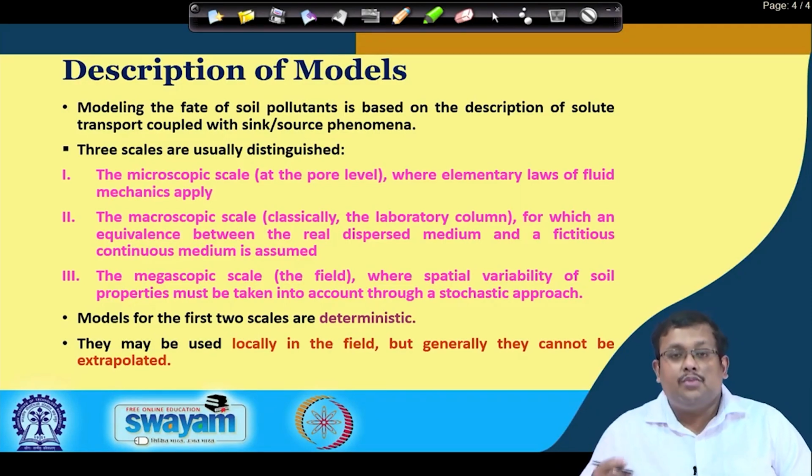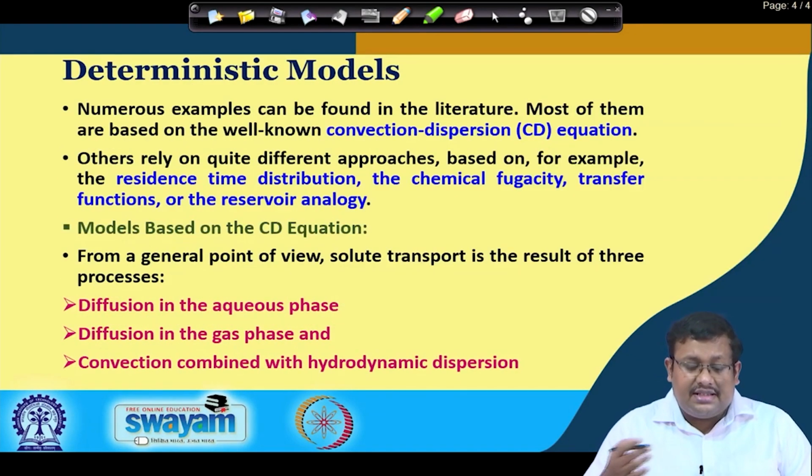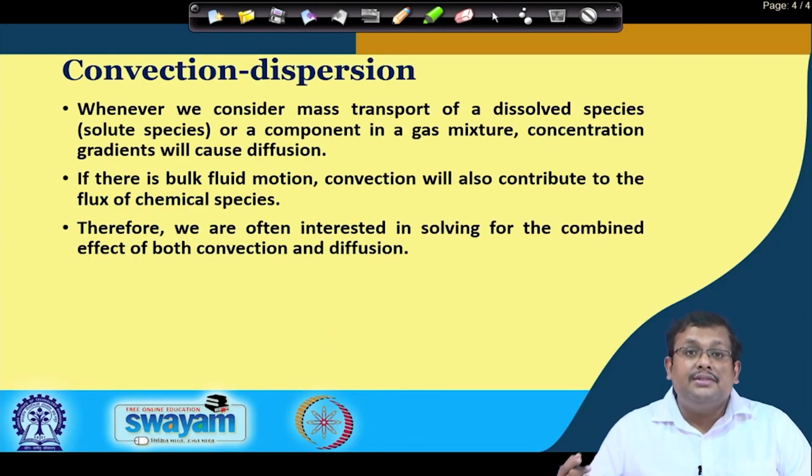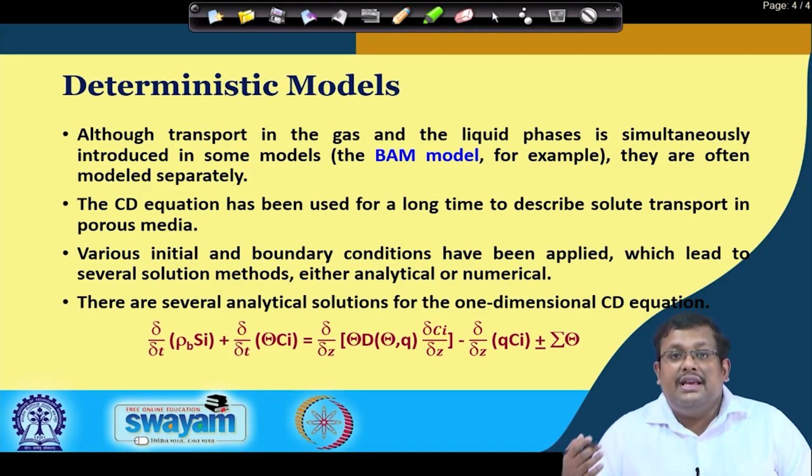Remember this microscopic scale and macroscopic scale are basically deterministic in nature. Then we have described the models and different types of transport process we have described for deterministic models. Then we have discussed this convection dispersion process, how they are coupled together, and based on this convection dispersion phenomena, how we can represent a model, the one dimensional CD equation.